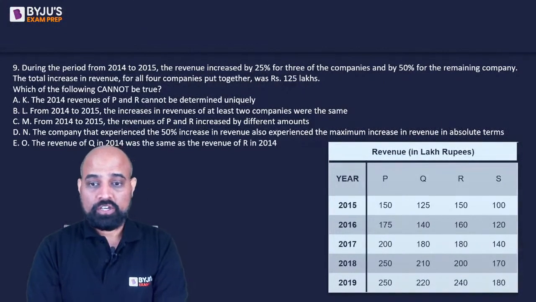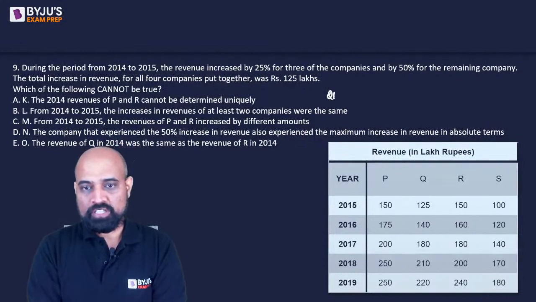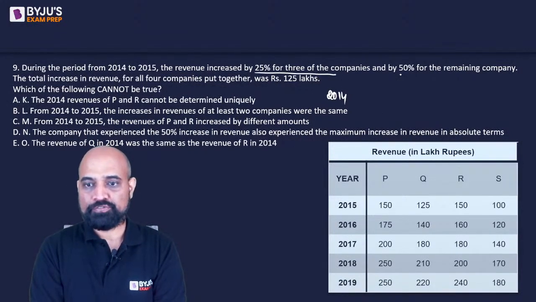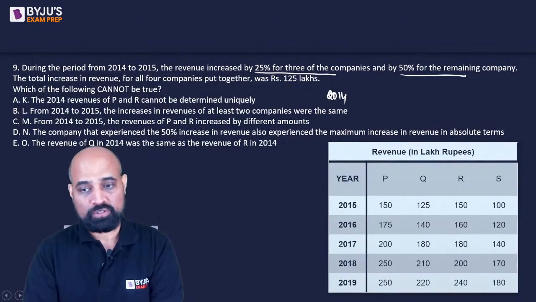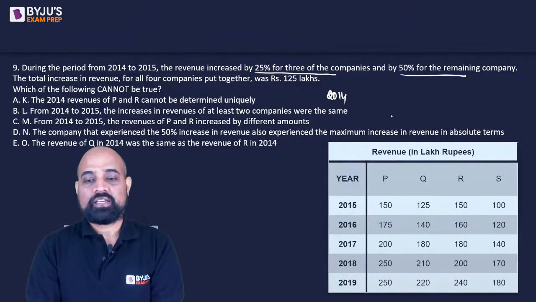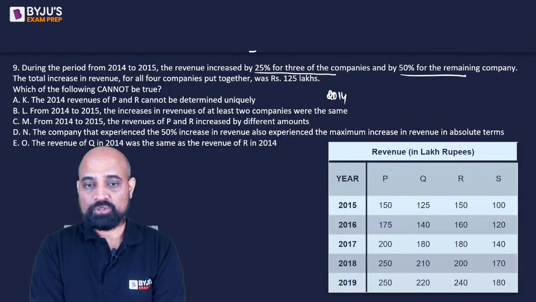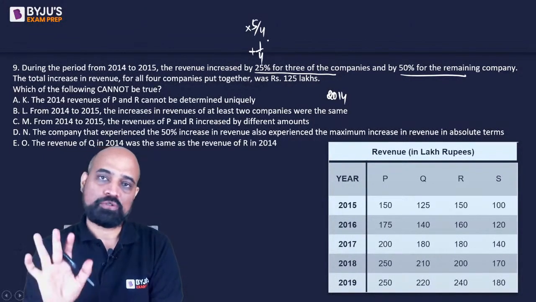Okay. So if I talk about the year 2014, whatever was the revenue for P, there was an increase of 25% for 3 and 50% for the 4th. So see, 25% increase का मतलब होता है 1/4 increase होना, and which is another way of saying 5/4 times 1.